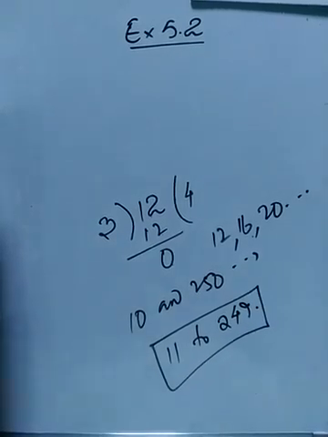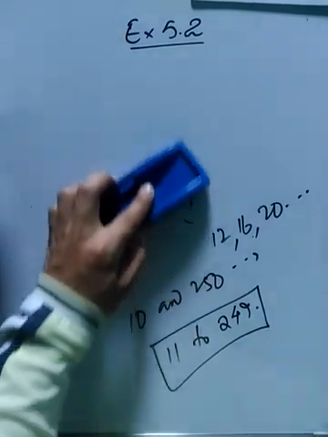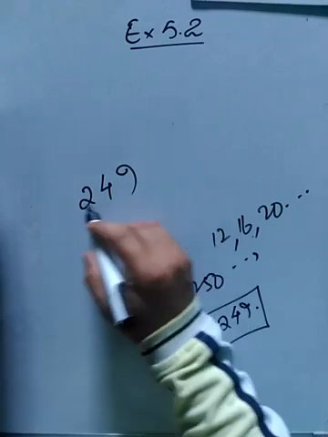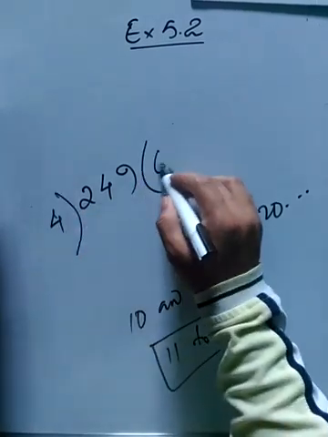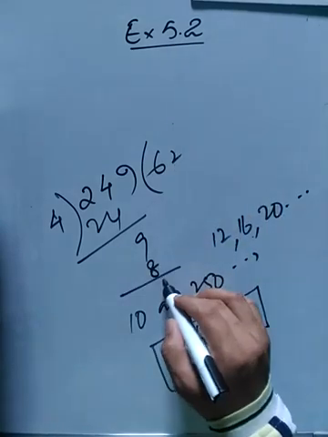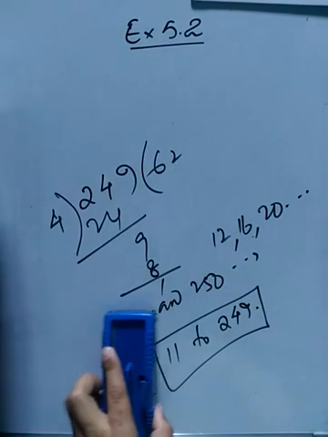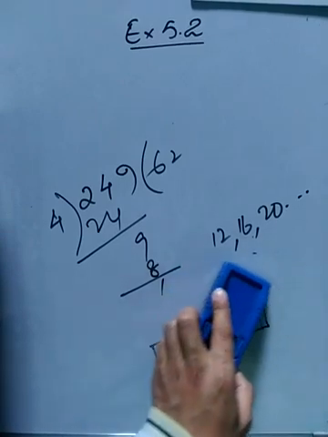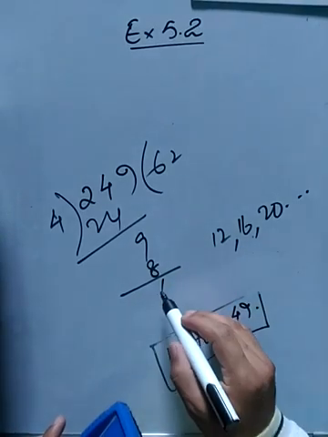But at the last, what about 249? Can 4 divide 249? No. So let me write 249 and divide by 4. 4 6s are 24. Then 4 2s are 8. We get a remainder of 1. Remainder 1 means this 249 is not a multiple of 4.